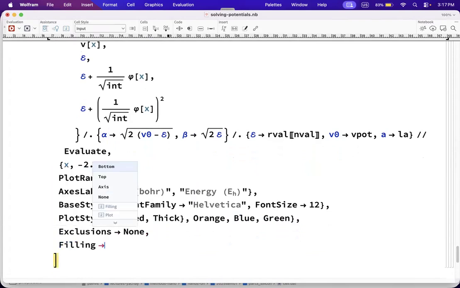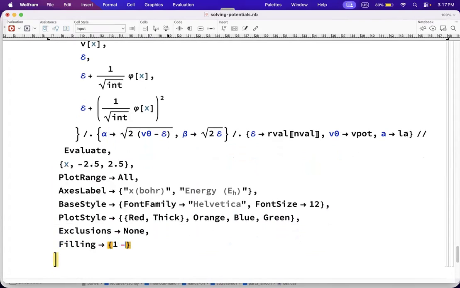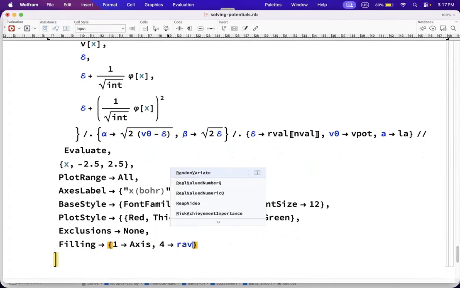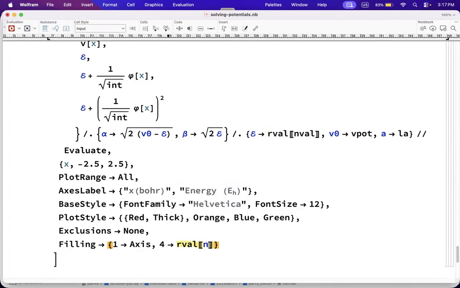Filling, now we're going to fill in something here, will be 1 to axis and 4 to alpha. So we want to do this. 4 means that the probability densities will be filled. And that's it. Let me see if it works.